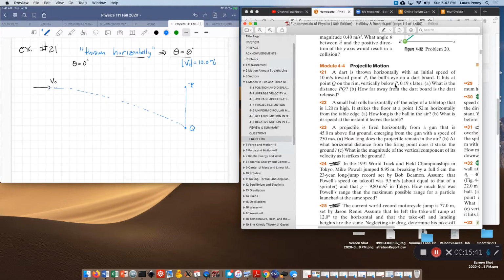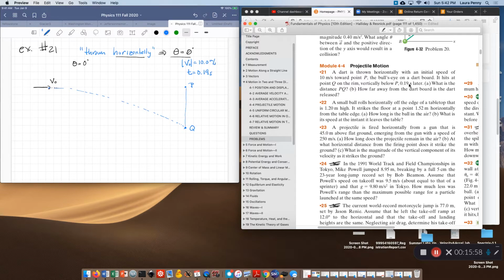And they tell me that this takes a time of 0.19 seconds. So I release my dart, and 0.19 seconds later, it hits here.